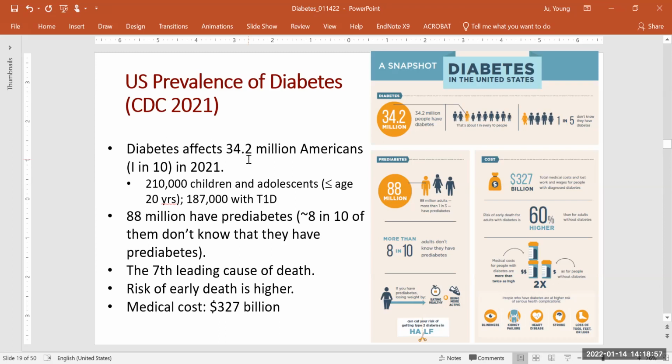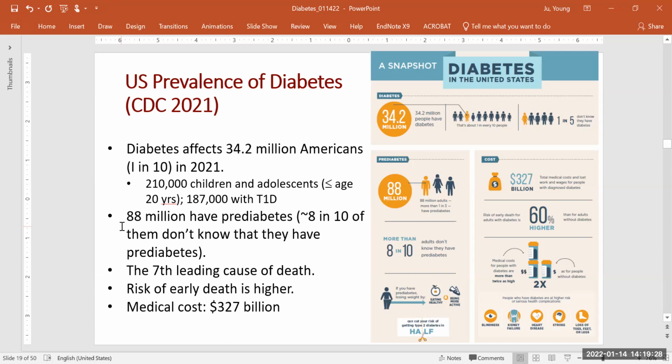Of the people diagnosed with diabetes, 210,000 are children and adolescents younger than age 20, including 187,000 with type 1 diabetes, and an additional 88 million are in a prediabetic state. Of those with prediabetes, more than 84% don't know they have it.